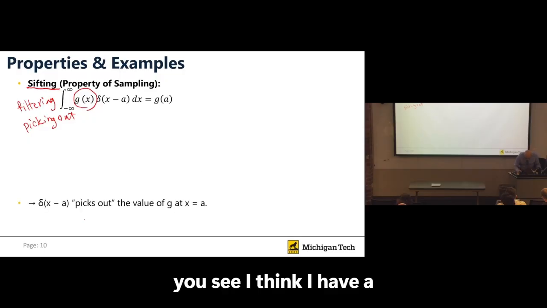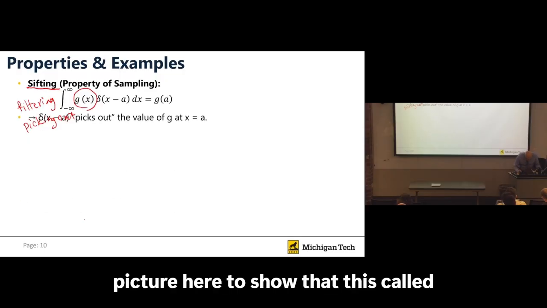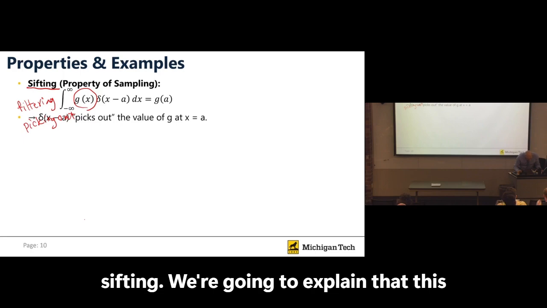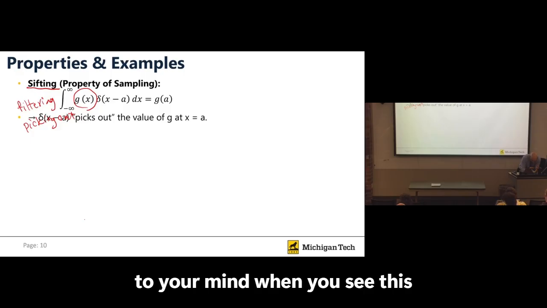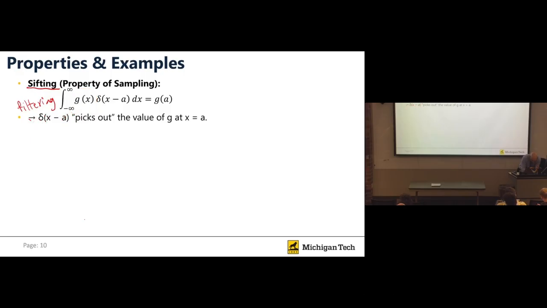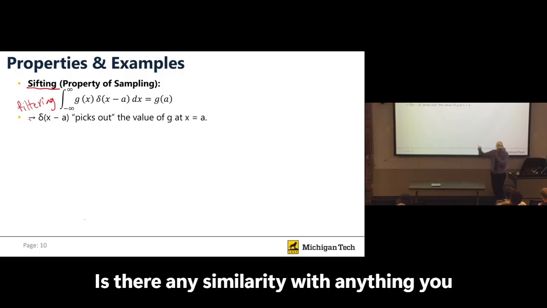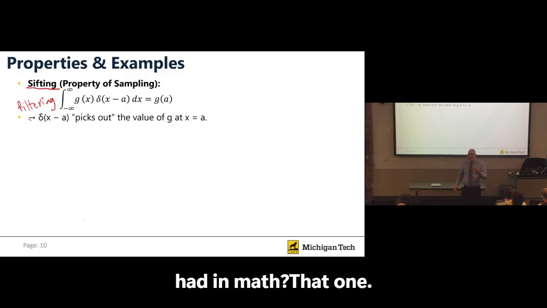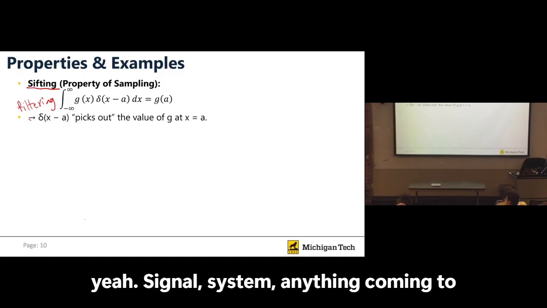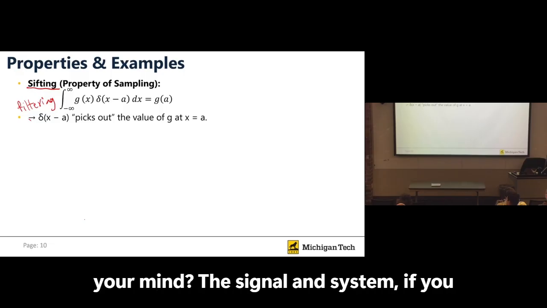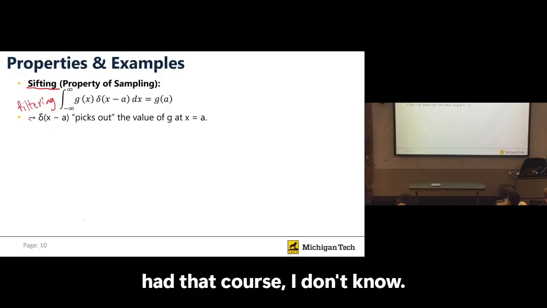I think I have a picture here to show that. This is called sifting. We're going to explain that later on. Does anything come to your mind when you see this formula? Is there any similarity with anything you had in math? Signal and systems? If you had that course, I don't know.